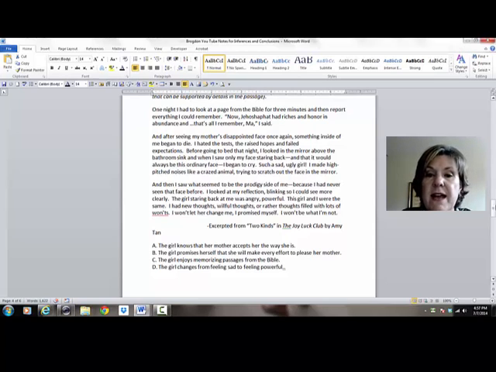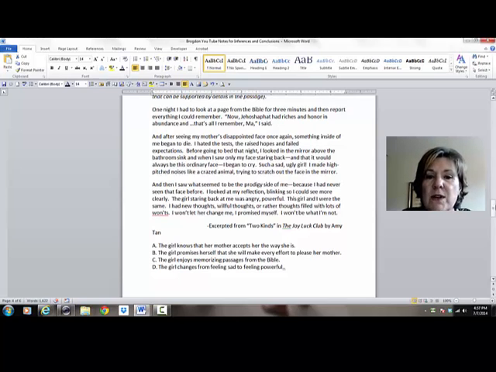Before going to bed that night, I looked in the mirror above the bathroom sink, and when I saw only my face staring back, and that it would always be this ordinary face, I began to cry. Such a sad, ugly girl. I made high-pitched noises like a crazed animal, trying to scratch out the face in the mirror.